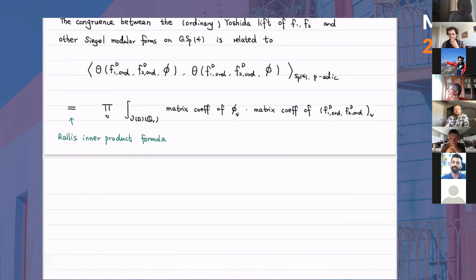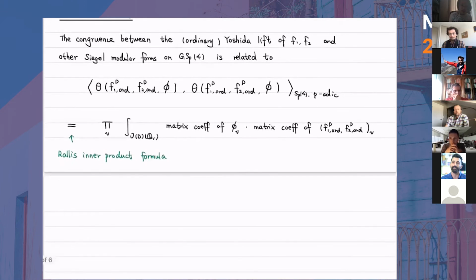And so in the above mentioned works on the Yoshida lifts, this Petersson inner product has already been computed when the form is fixed and at p is the full level. At other ramified places, they also assume some conditions like a square free level to simplify the case.